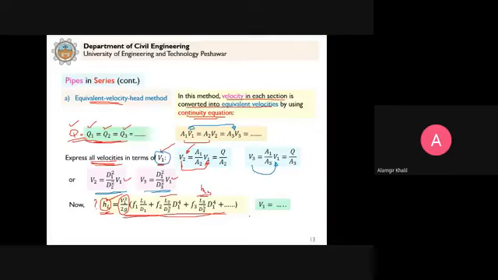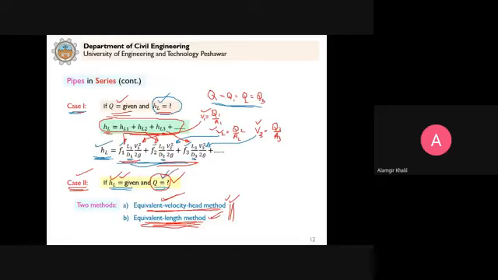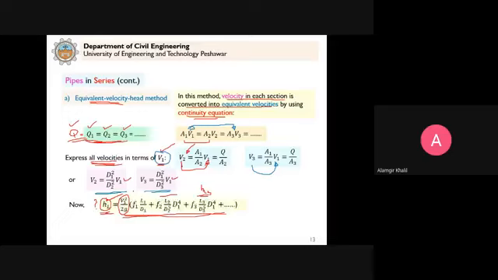So from here, what is the problem in this case? We are going to calculate the discharge. HL is given to us. So now when we proceed, this is the discharge we have to calculate, and this HL is given to us.